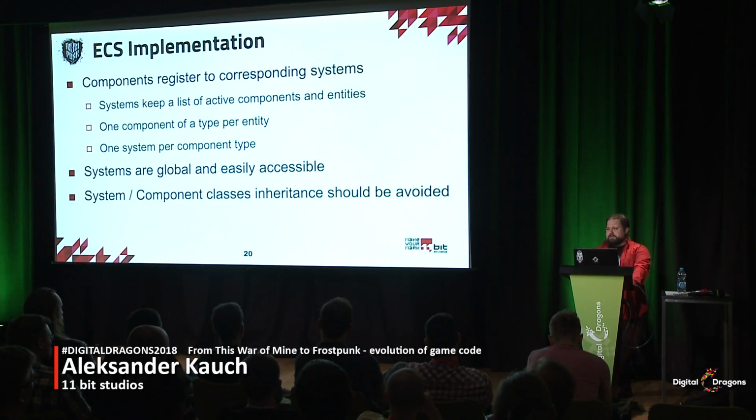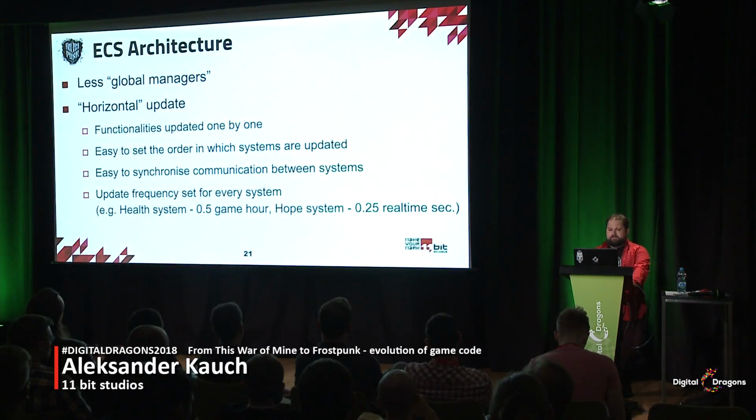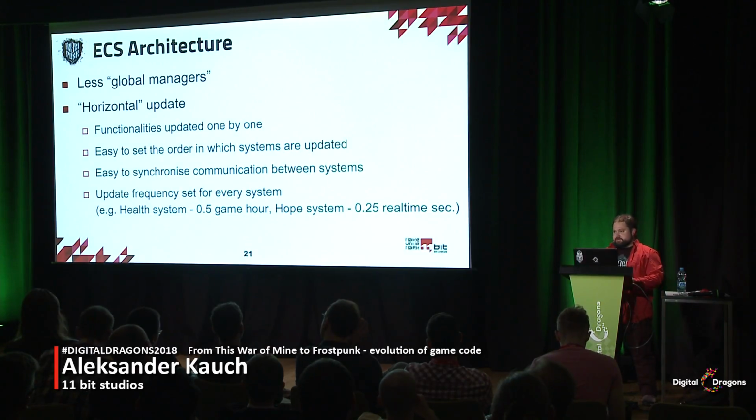So to keep the single responsibility principle: one simple functionality, one simple component, and a system accordingly. What did that give us? That gave us fewer global managers, because systems were global managers, but they were tied to the model. There weren't that many classes outside of the model we used.